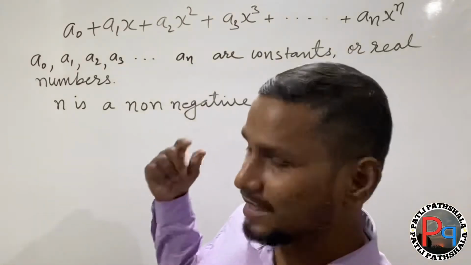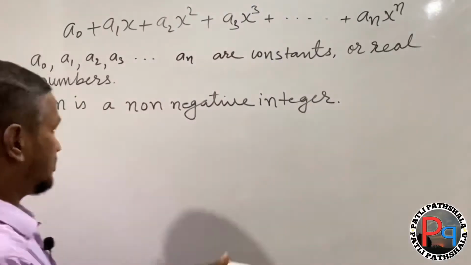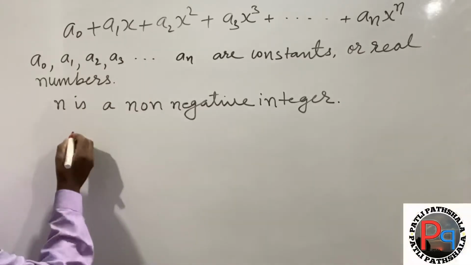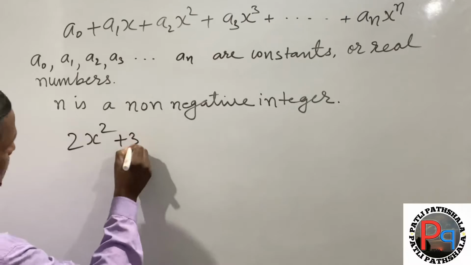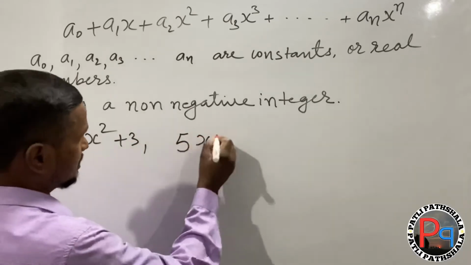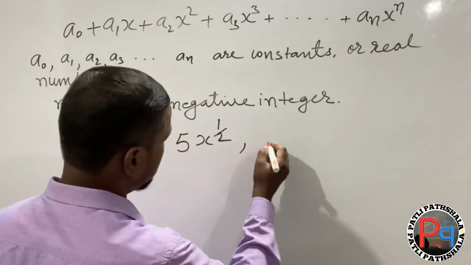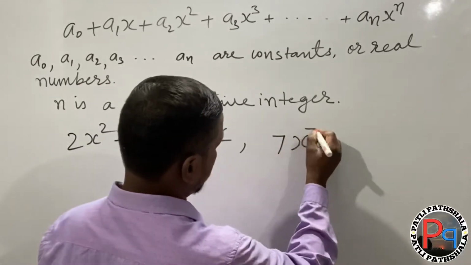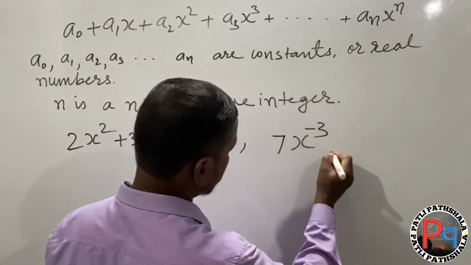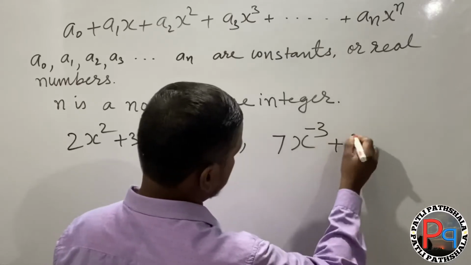For example, I am writing here some expressions. Suppose we have 2x square plus 3, 5x to the power 1 by 2, and 7x to the power minus 3 plus 2.